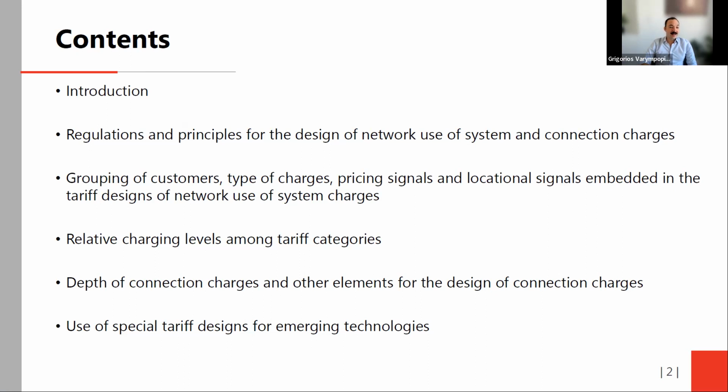We'll also look at the relative charging levels among tariff categories, the depth of connection charges and other elements for the design of connection charges, and if special tariffs are designed for emerging technologies, for example, electric vehicles or other emerging technologies such as smart devices.